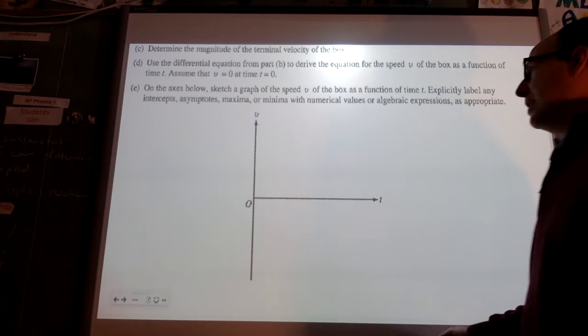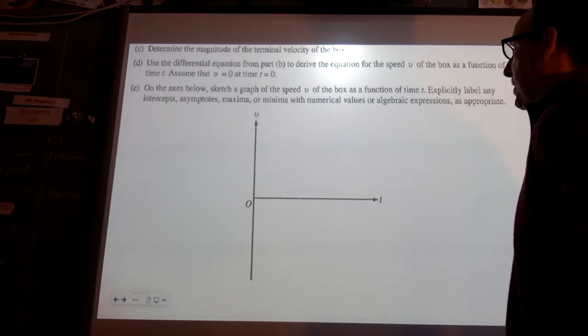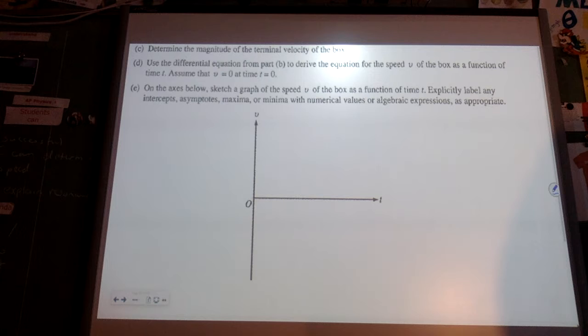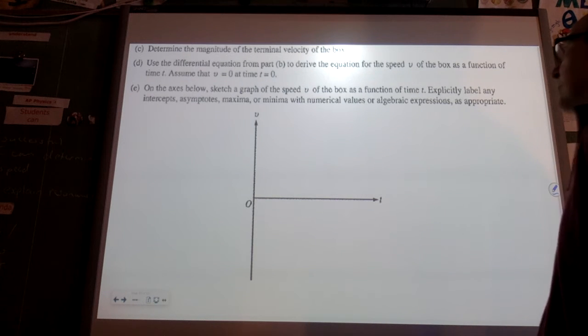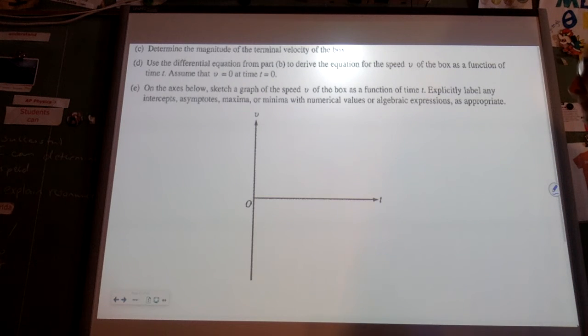All right, on the axis below, sketch a graph of the speed v as a function of time, explicitly label any intercepts, asymptotes, maximum, minimum with numerical values or algebraic expressions as appropriate.